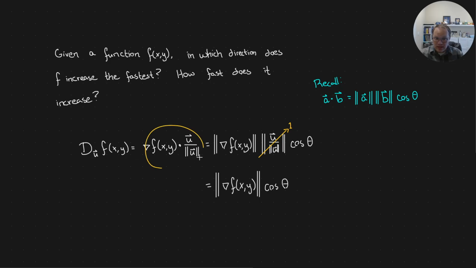that this directional derivative is going to be maximized at the same time cosine of theta is maximized, when cosine of theta is biggest. So when is cosine theta biggest? What is the biggest value cosine can take on? Well, it'd be 1, right? So this is largest when cosine is equal to 1.